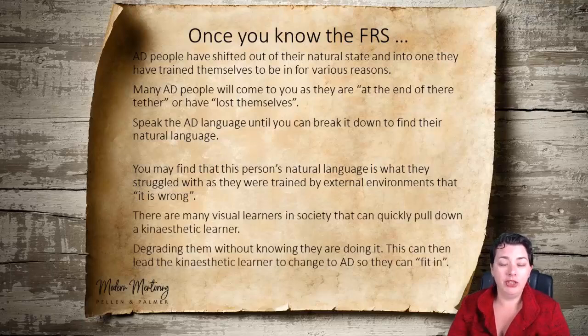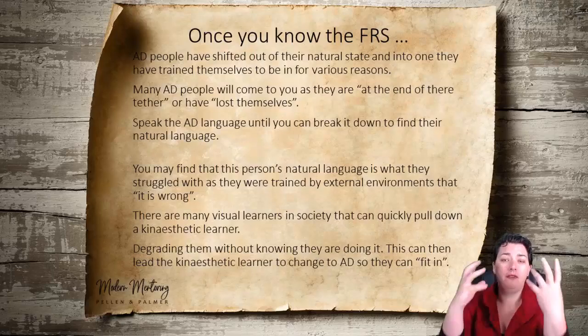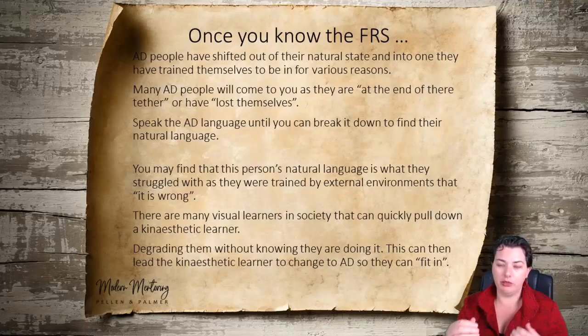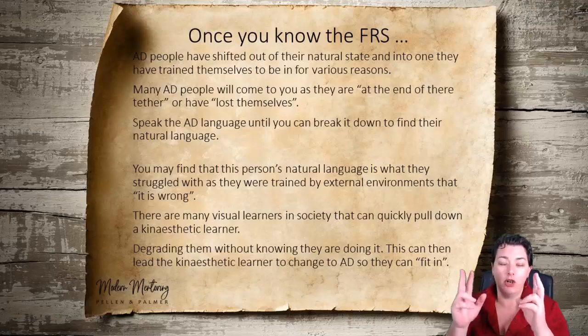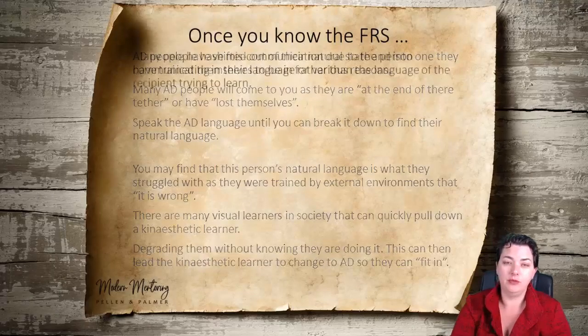So there are many visual learners in society, and they're quick to pull down kinesthetic learners and audio as well. So they can actually degrade them without knowing that they are doing it. And then they can lead the kinesthetic learner to change to an AD state because the kinesthetic learner just wants to fit in. That's all they want to do. They want to be one of the cool kids or one of the achievers or something like that because they're trying to fit in.